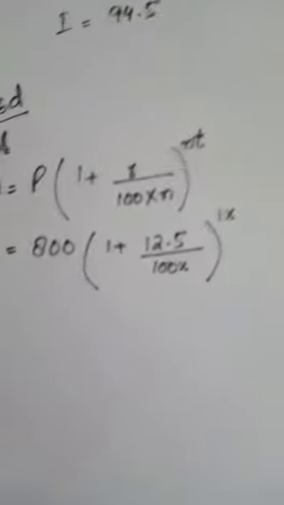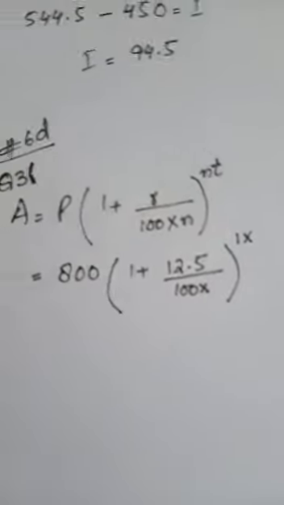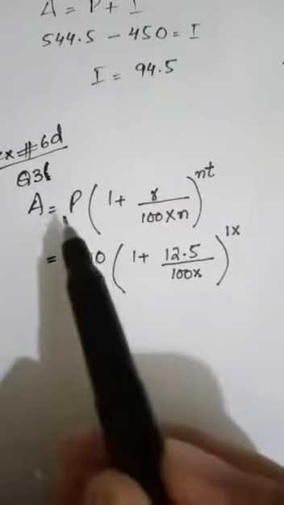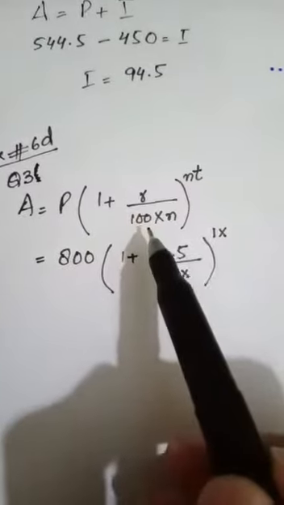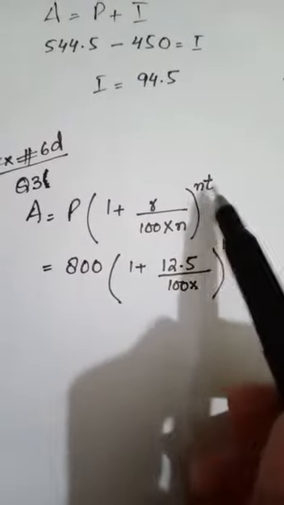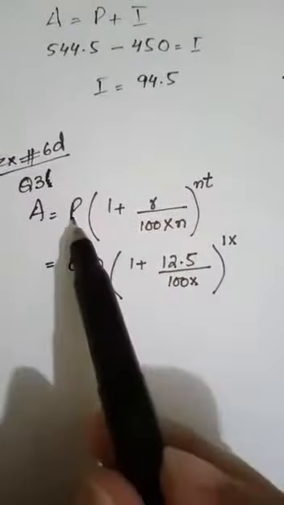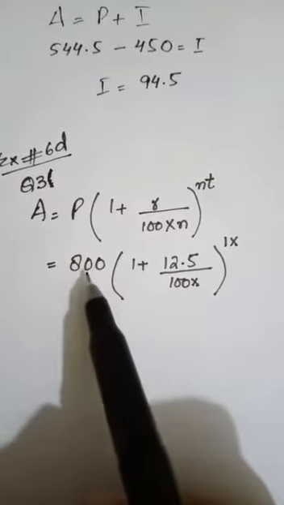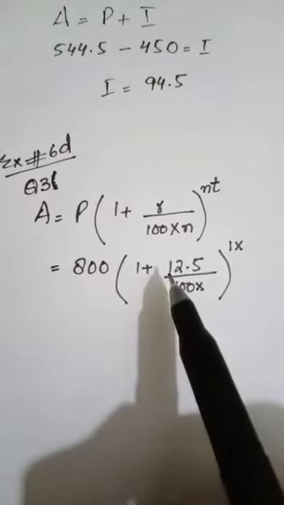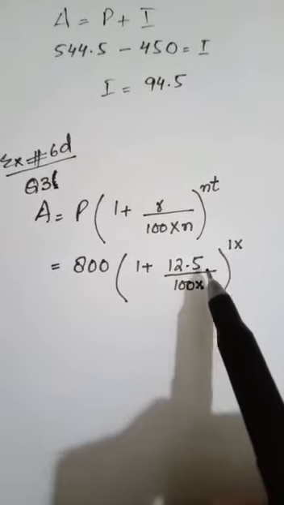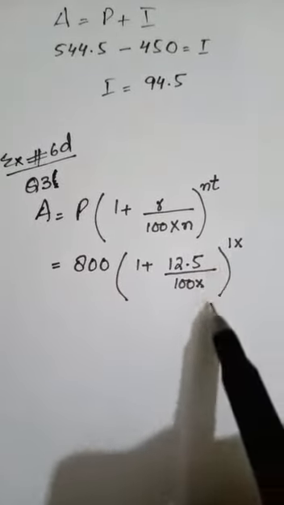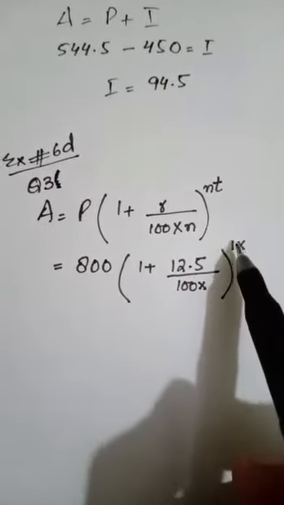Okay, so let's see, here I have written the formula. Amount is equal to principal into (1 plus r upon 100 into n) and the power is nt. Then here I have written the principal as 800. Then 1 plus 12.5, I have written as 12.5 divided by 100. And how many years do we have? Only 1 year.